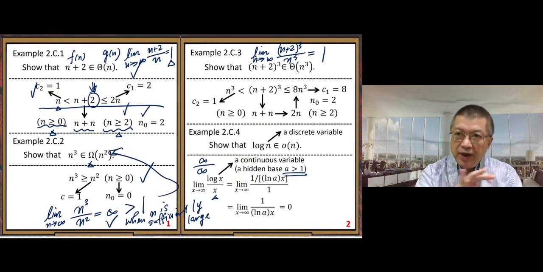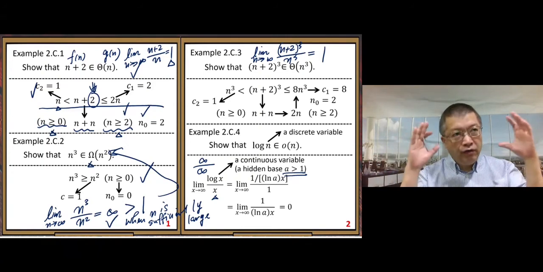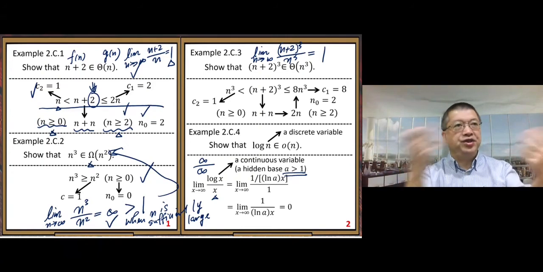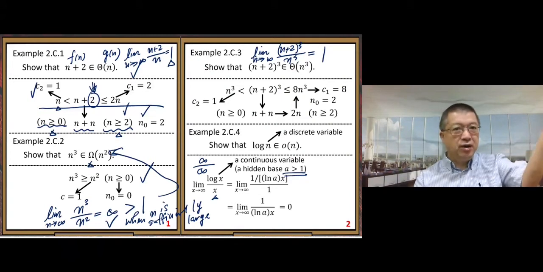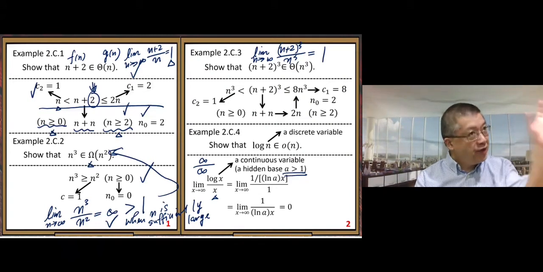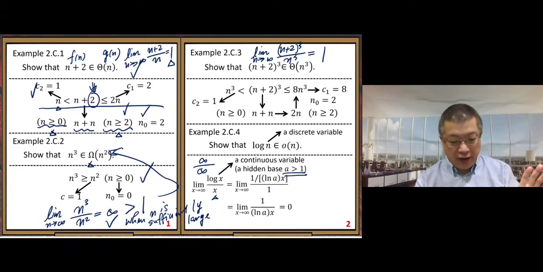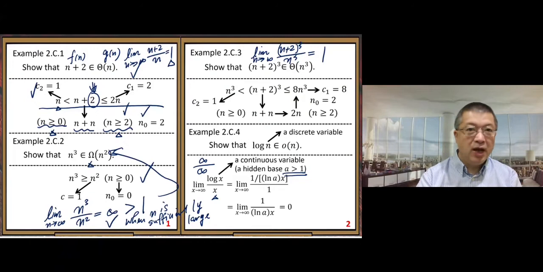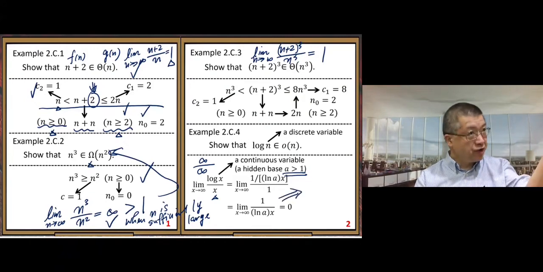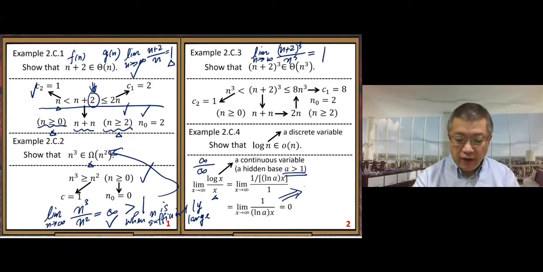When the denominator goes to infinity, the whole fraction goes to 0. The limit is 0. When you have this 0 limit for f of n over g of n, after this continuous variable way, then we can switch to the discrete variable.